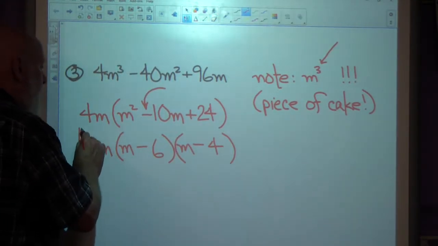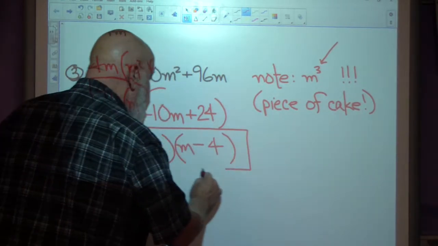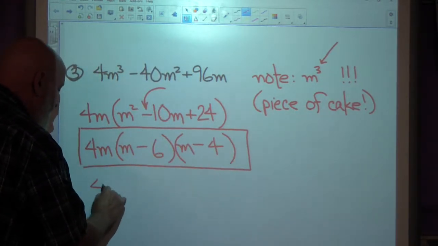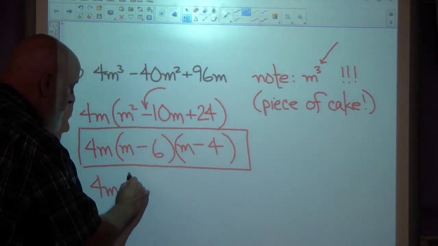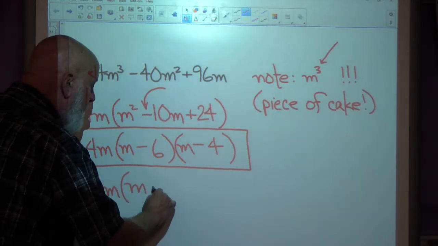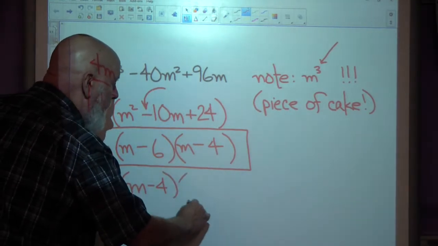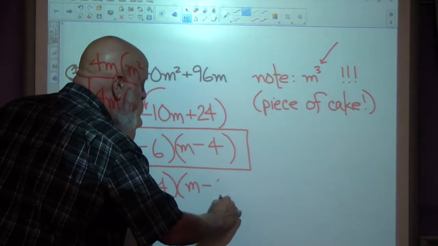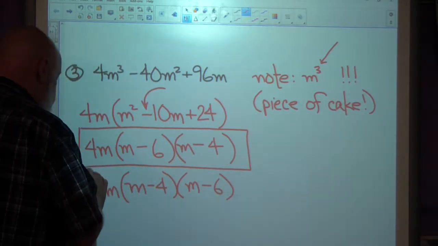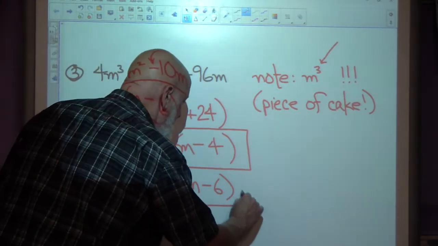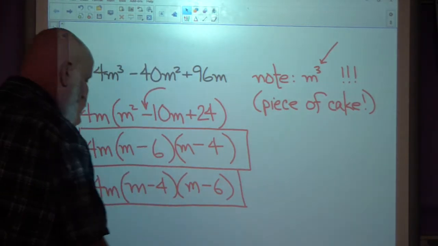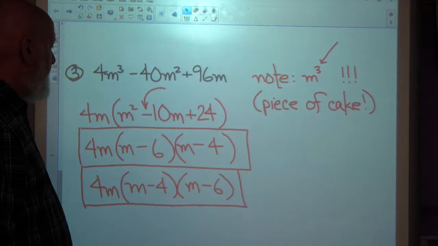So this will be our answer. And remember, the order of the factors doesn't matter. Could be m minus 4 times the quantity m minus 6. And there we are.